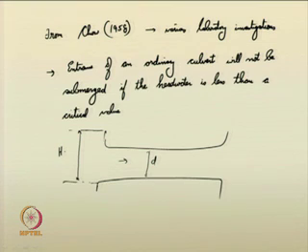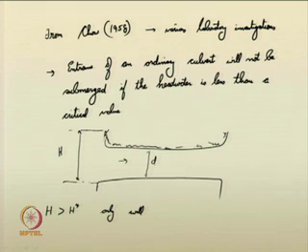Only then will the conditions make the flow in the culvert fully filled. So, we can suggest that the condition H greater than H star only will help full flow conditions.